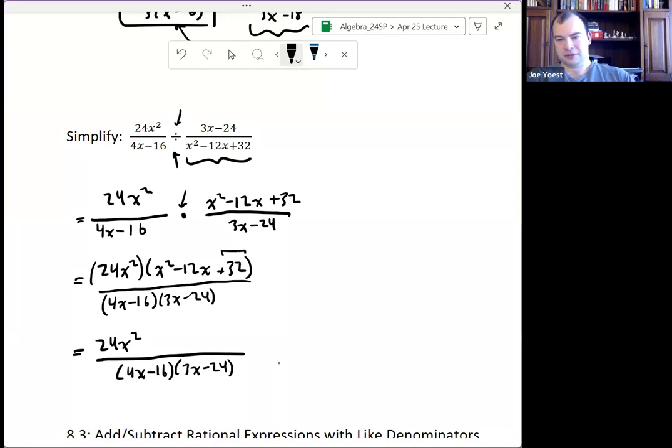I'm looking for two numbers that multiply to positive 32 and add to negative 12. I think this is going to be -8 and -4. I know that for 32, I could have 1 times 32, 2 times 16, or 4 times 8.